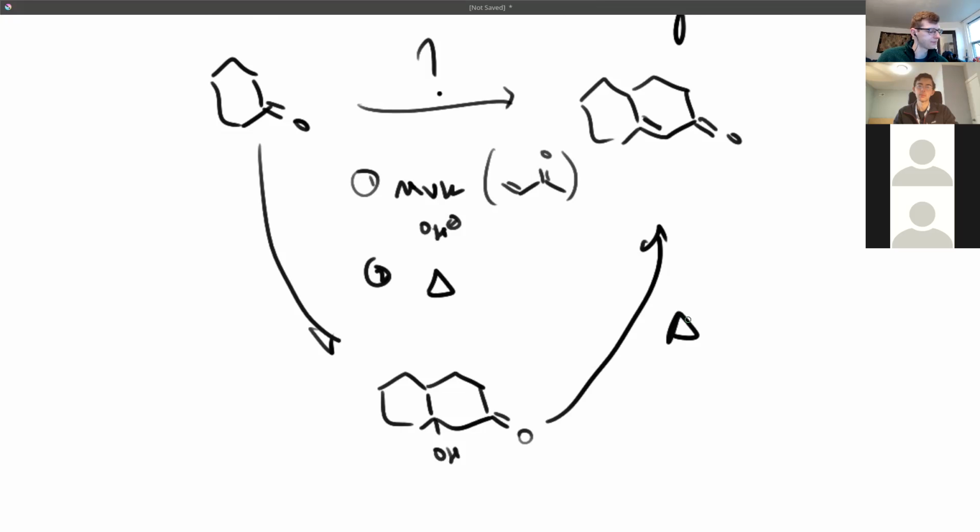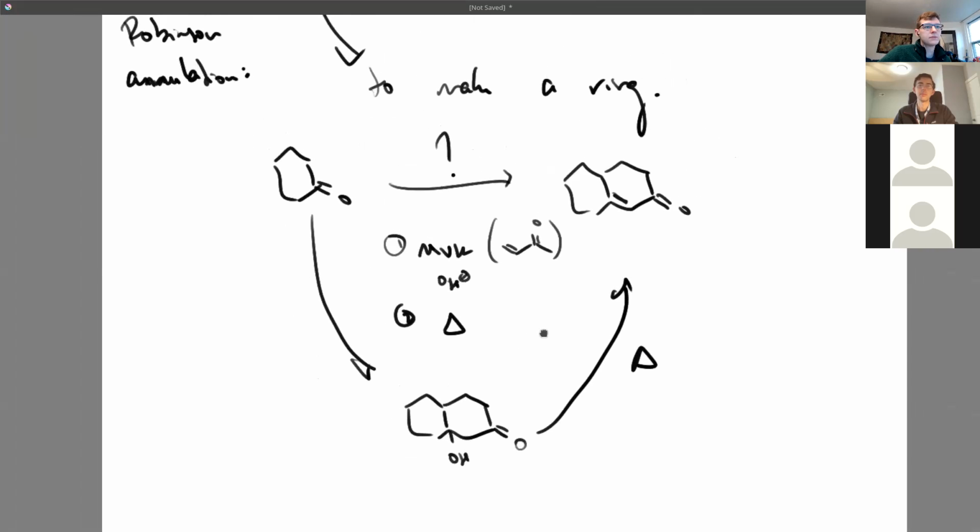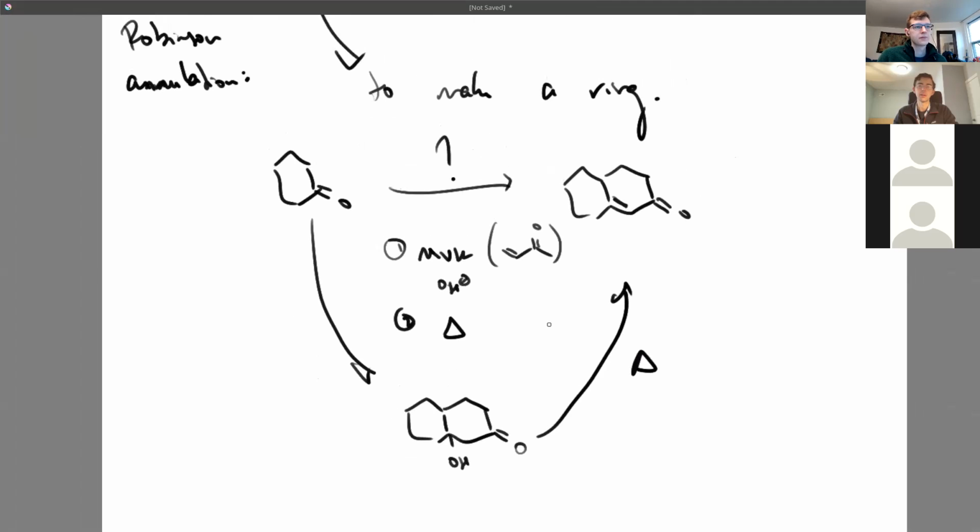Is the carbonyl carbon always coming together with the beta carbon from the second ring? Yes. Okay. Yes, it is. Specifically because methyl vinyl ketone has this one carbon at the end. This one. Yeah. Okay.